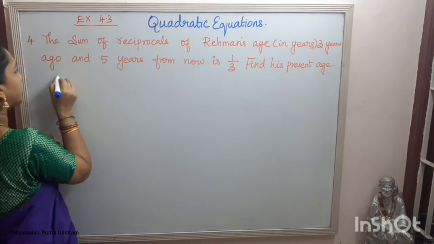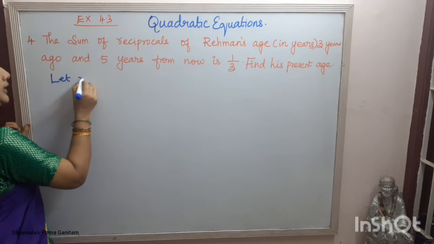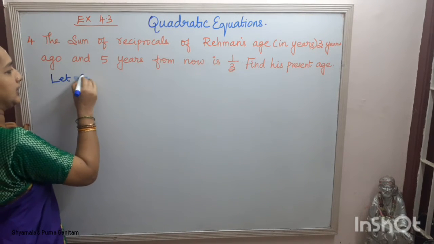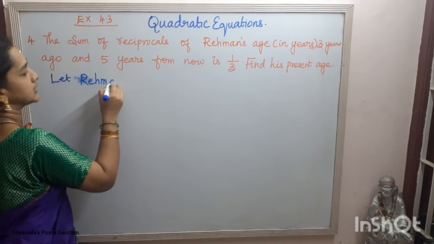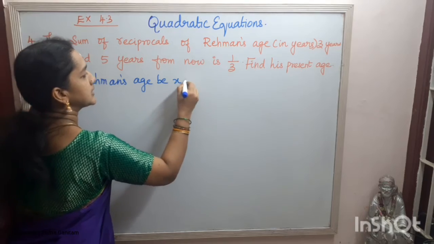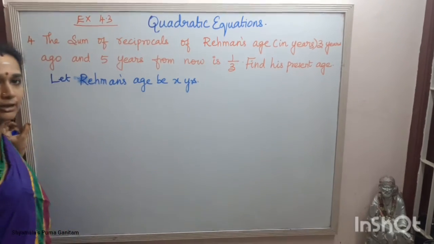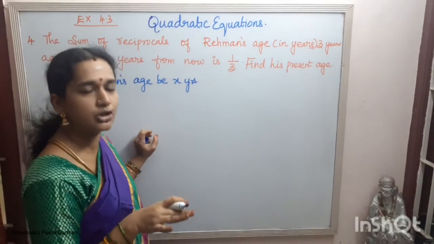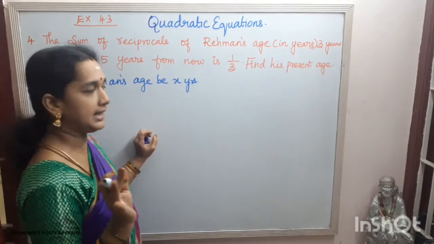Okay, so you take, let Rahman's age be x years. You don't know the age, that only you are asked to find out. So you take his age as x years.